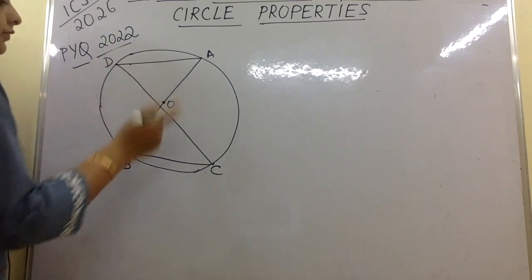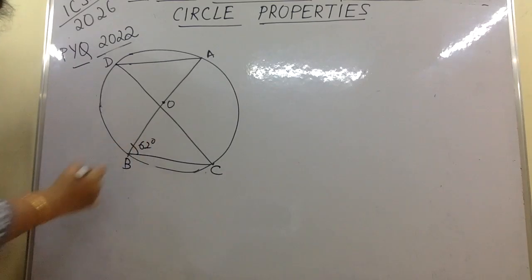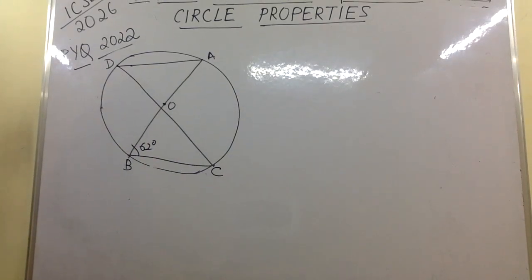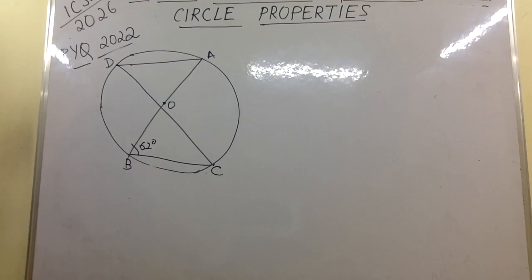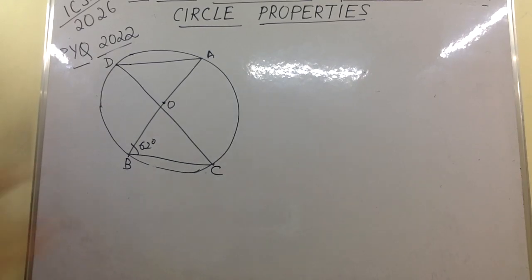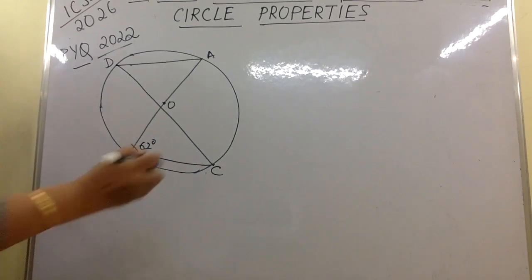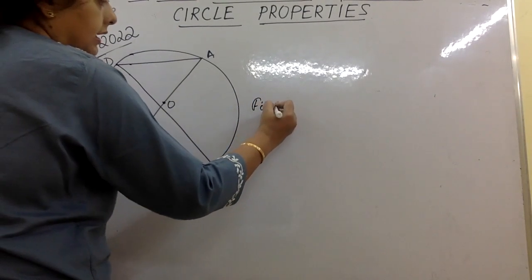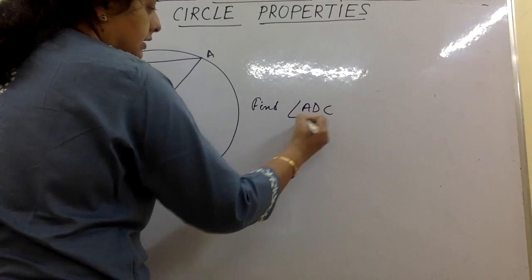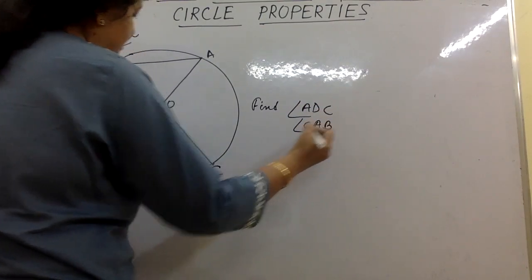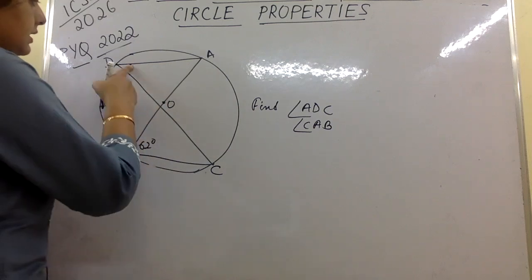Now this angle is given as 62 degrees, and the center is O. So the center lies here, and you have to find angle ADC and angle CAB. ADC, this angle.